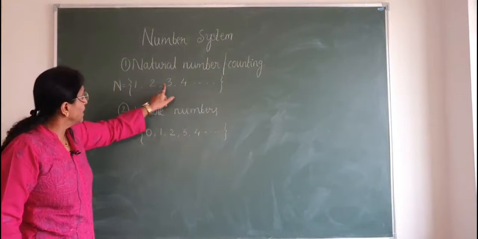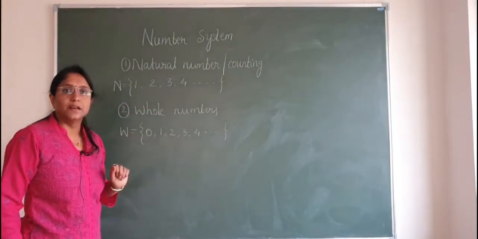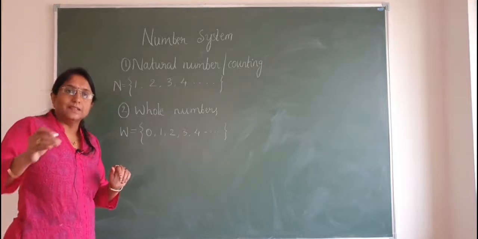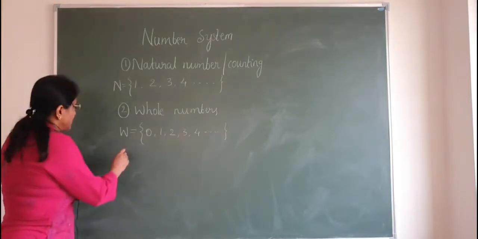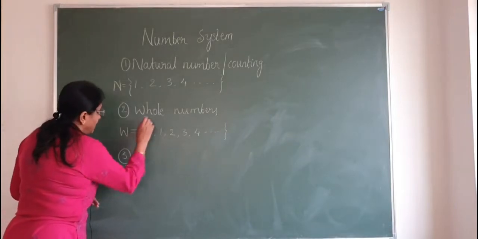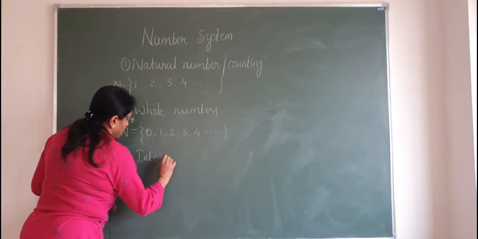Then again we can observe here natural numbers are there, whole numbers are there, all are positive. Let us include some more numbers, those that are negative. Next comes the set of integers.